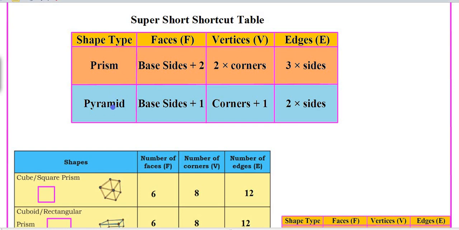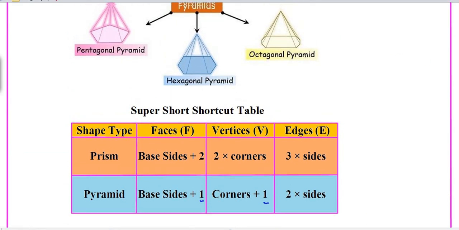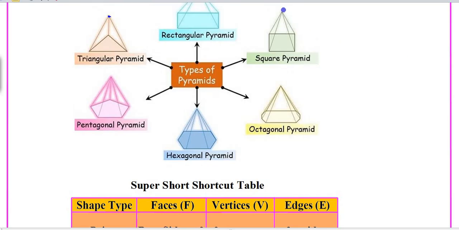Then for the pyramid: base sides plus 1 for faces. For vertices, the number of corners plus 1. For edges, 2 into the sides. Why are we adding plus 1 here? Look at the pyramid: the sides are all connected at a single point.